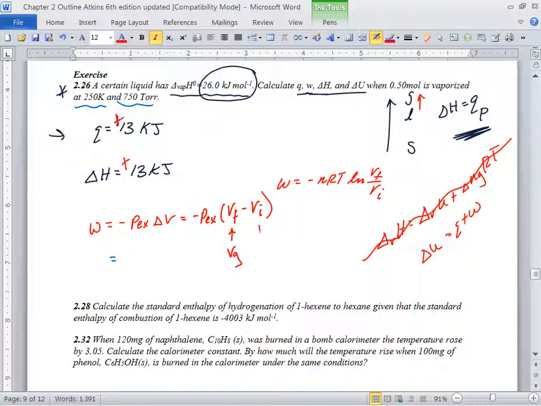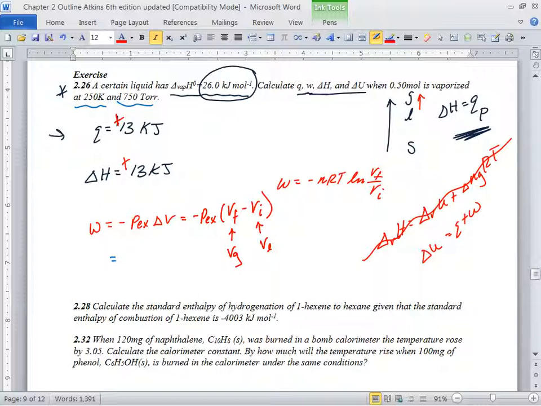VI is the volume of the liquid. So you see what you're supposed to assume here? Which one's zero? Liquid. Or maybe not, the volume of liquid isn't really zero, but VL is insignificant in comparison to VG. So that VF minus VI is really just VF, because VI is so tiny.